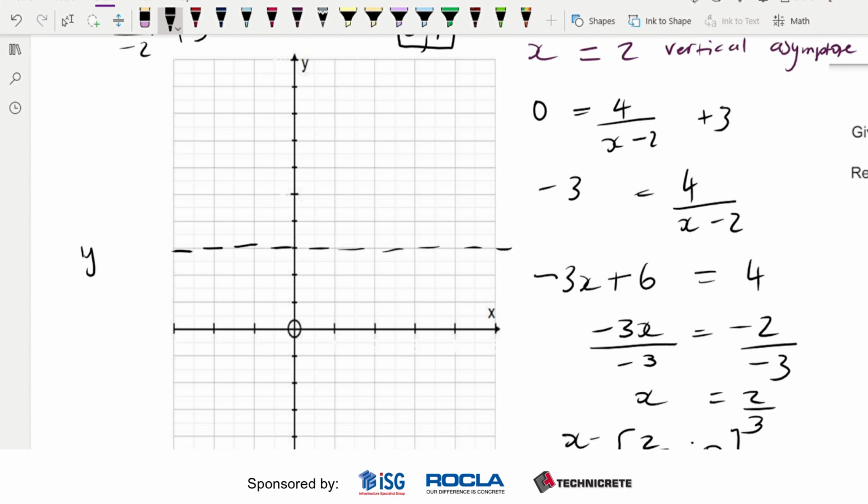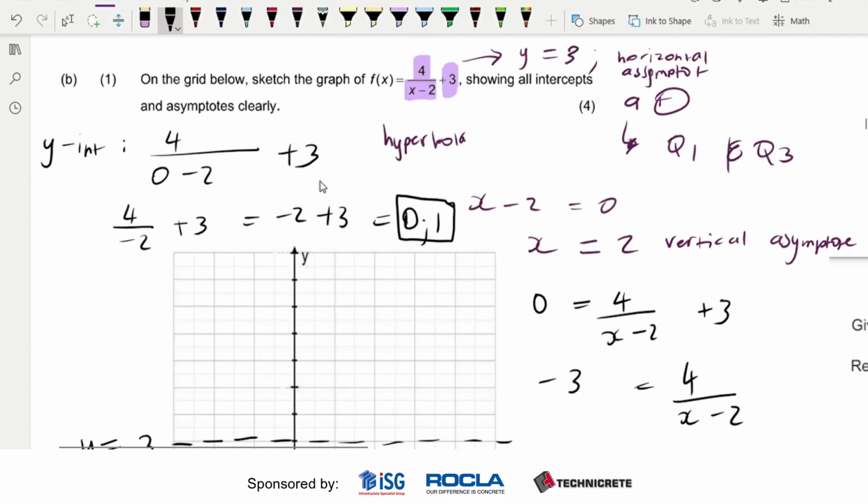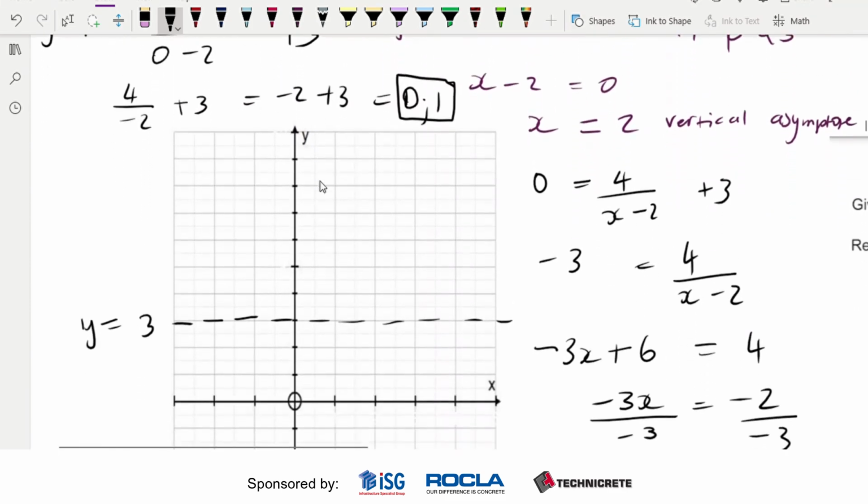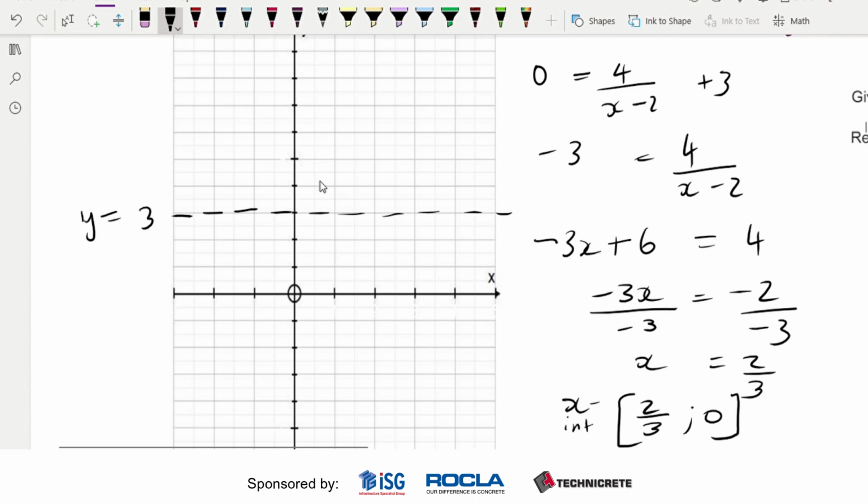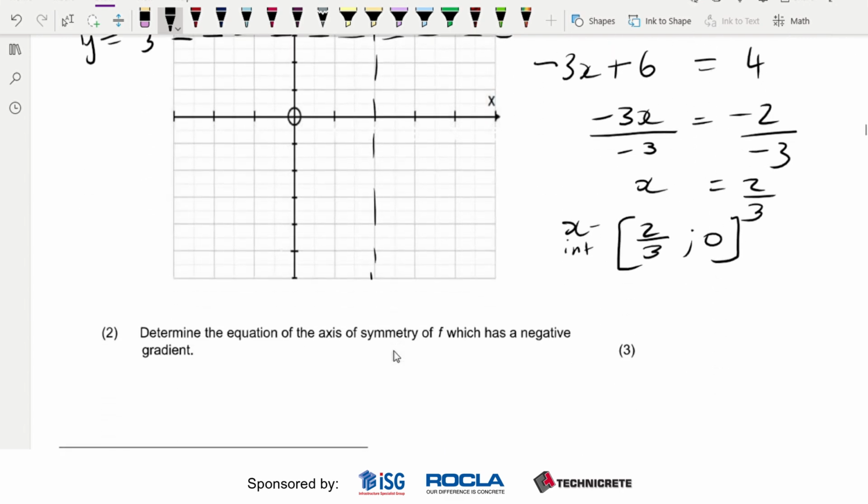This would be y is equal to 3. Our vertical asymptote is at x is equal to 2. So that would be 1, 2. And label this x is equal to 2.